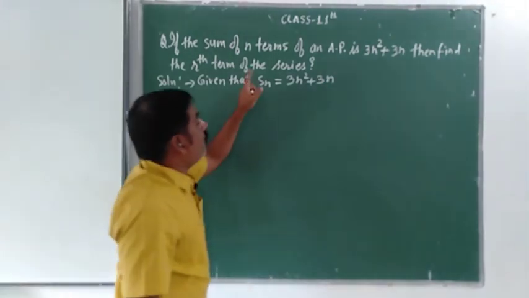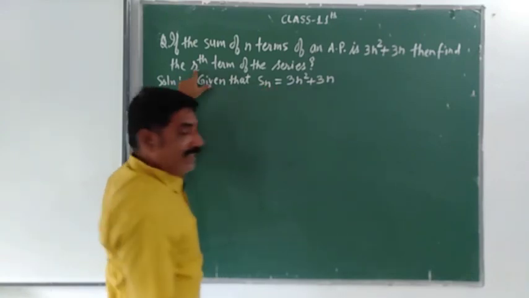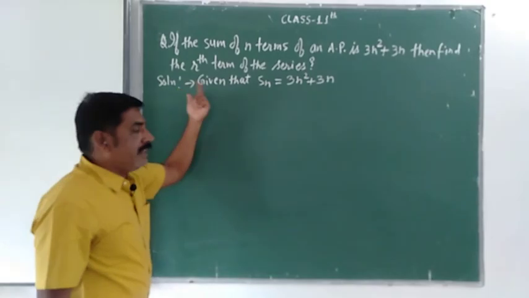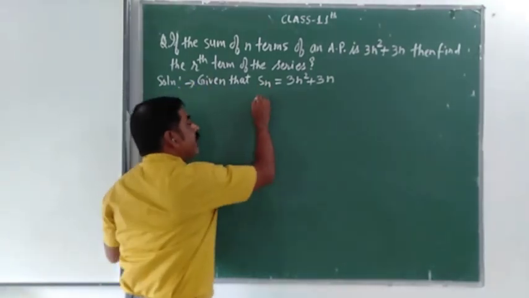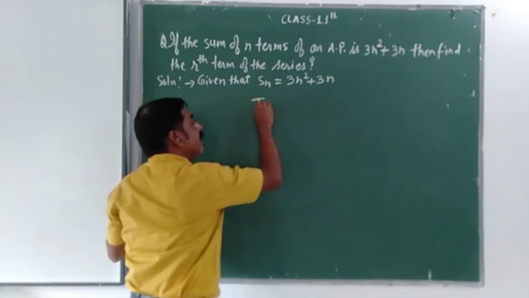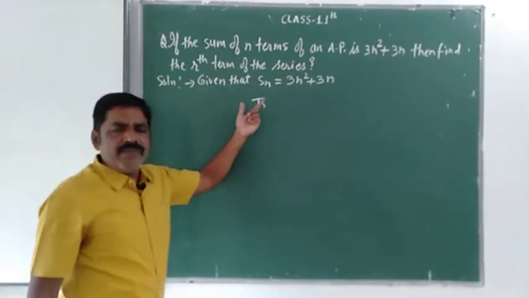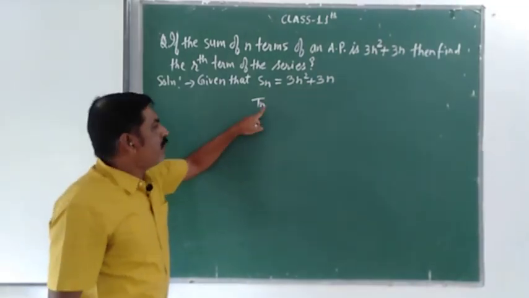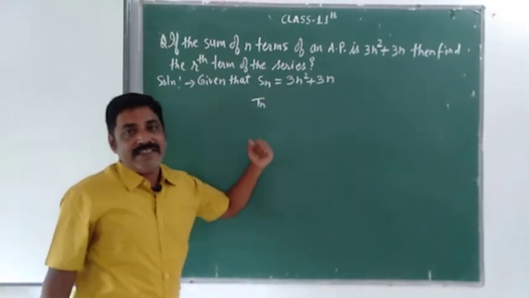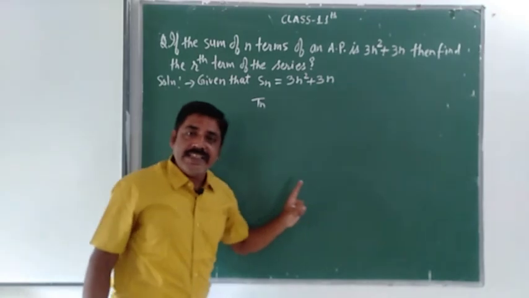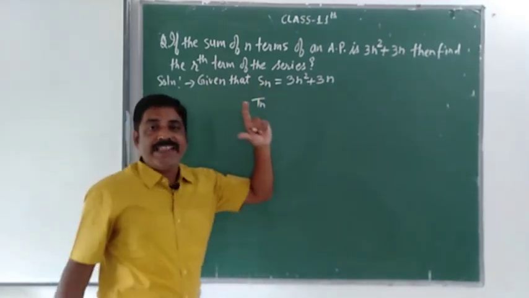Now with the help of the sum of n terms, we have to find the rth term. First of all, since we are given Sn, we will find the nth term, Tn, and once we get the nth term, we put n as r, so it automatically becomes the rth term. So our first target is to find the nth term with the help of Sn.